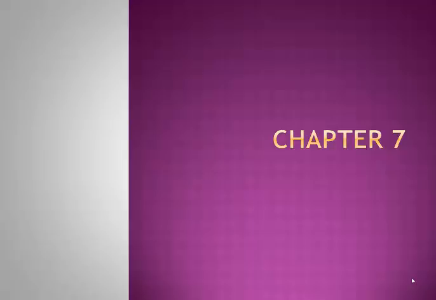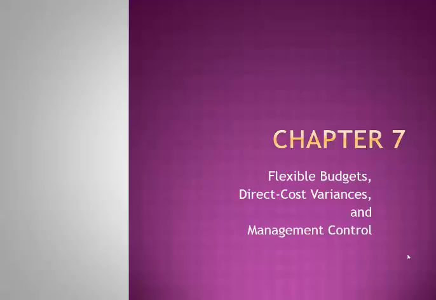Here in Chapter 7, we are going to take a look at how to develop a flexible budget and how we can calculate what are called variances. We're going to be looking at the direct cost variances in Chapter 7. We will look at some other variances in Chapter 8. And we're going to learn how to use those to help us in our management control functions.